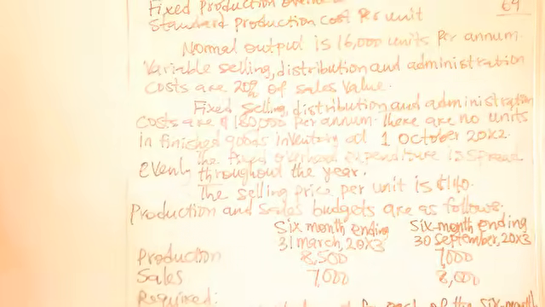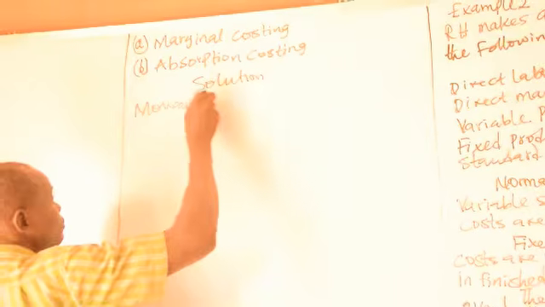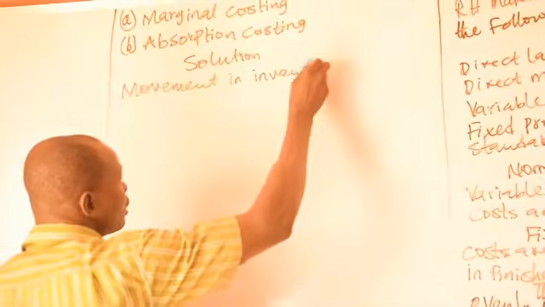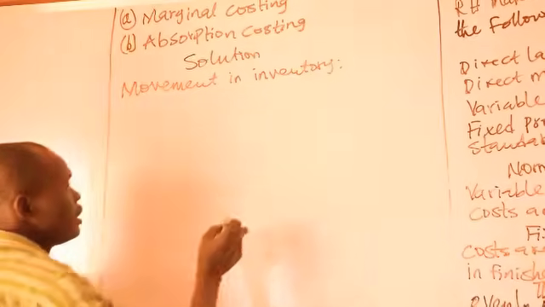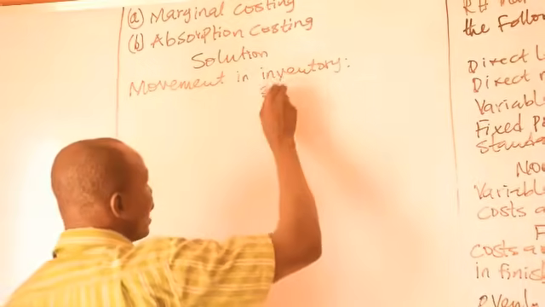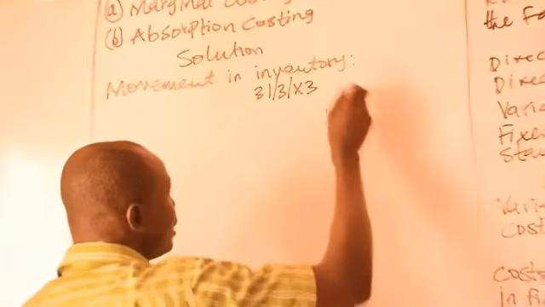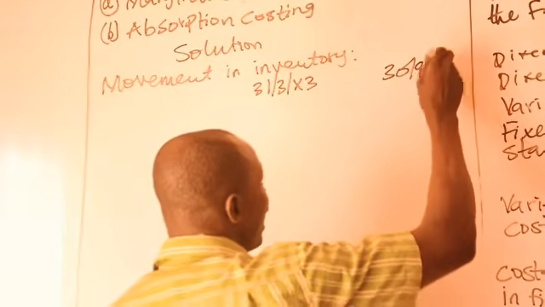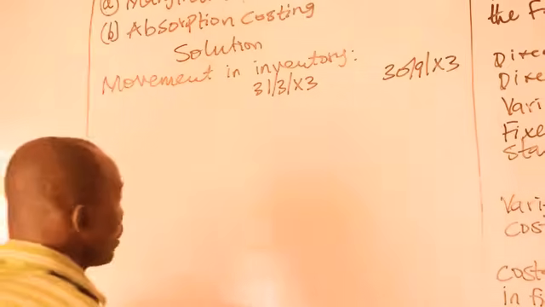So now let's look at the movement in inventory. The first period is 31st of March 20x3, the period ending, and the second one is 30th of September 20x3. Those are the periods.